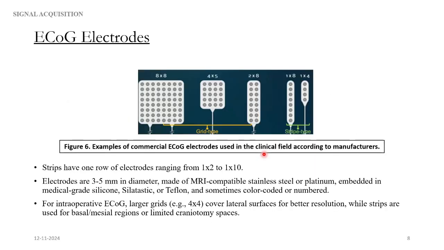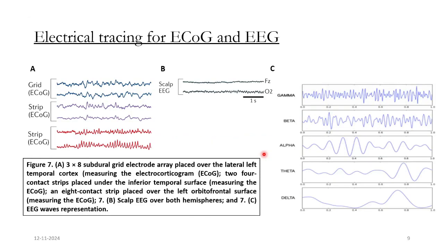These are the pictures of grid type and strip type electrodes. Electrodes are mainly 3 to 5 millimeters in diameter, and made up of MRI compatible material. For intraoperative ECoG, larger grids cover lateral surfaces for better resolution. And now electrical tracing for ECoG and EEG.